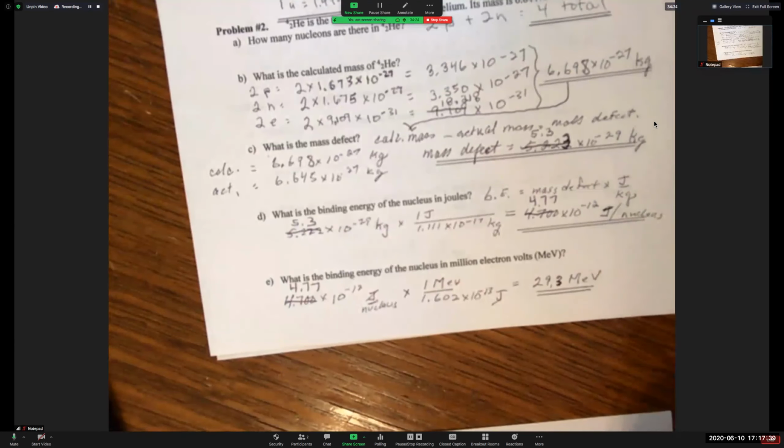So if we do that, we end up with a different value. Let's see, 4.77 divided by 1.602 e to the negative 13, and we get 29.8.